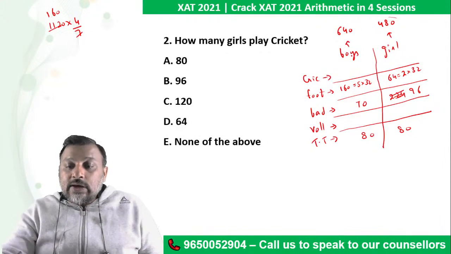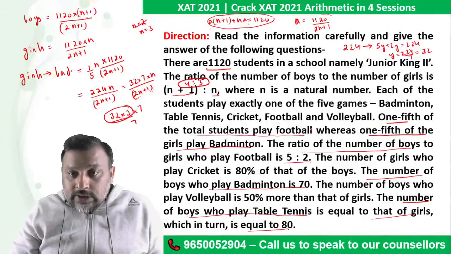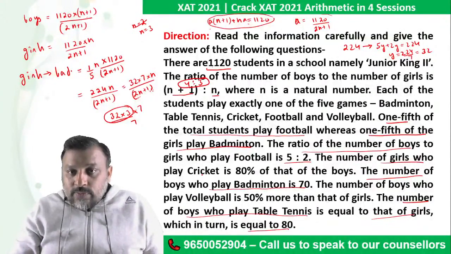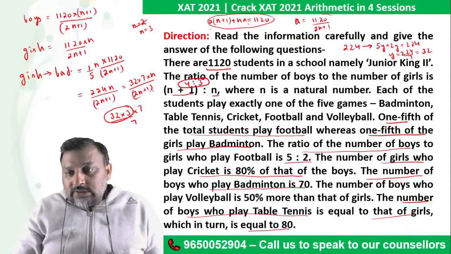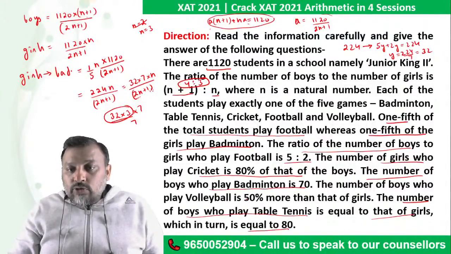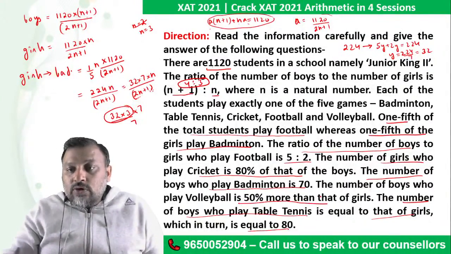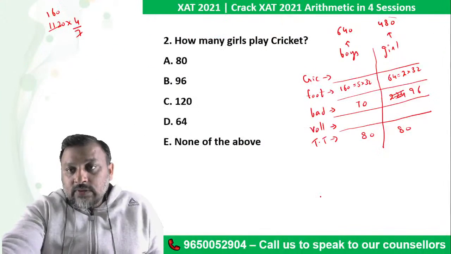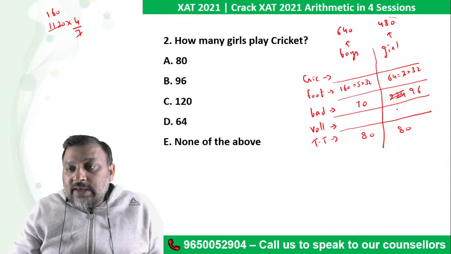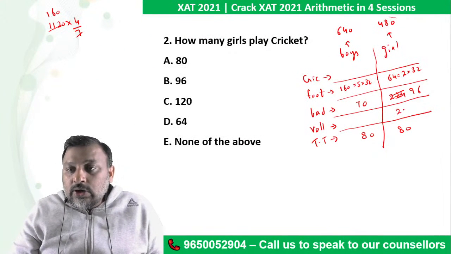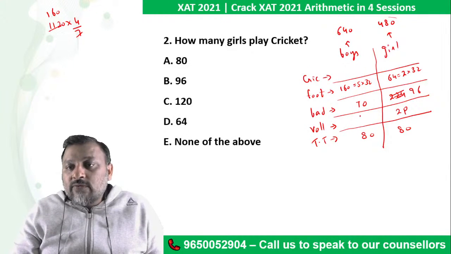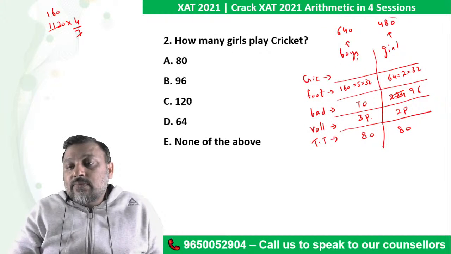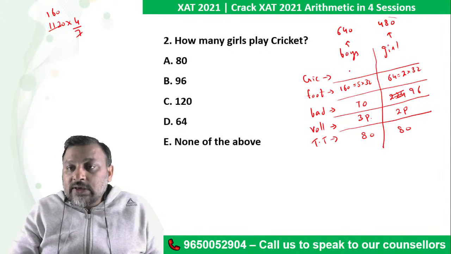It is given the number of girls who play cricket is 80% of the boys and number of boys who play volleyball is 50% more than that of girls. So if I say girls playing volleyball is 2p, boys playing volleyball would be 3p, 50% more. And if I say boys playing cricket is 5q, so 80% would be 4q.